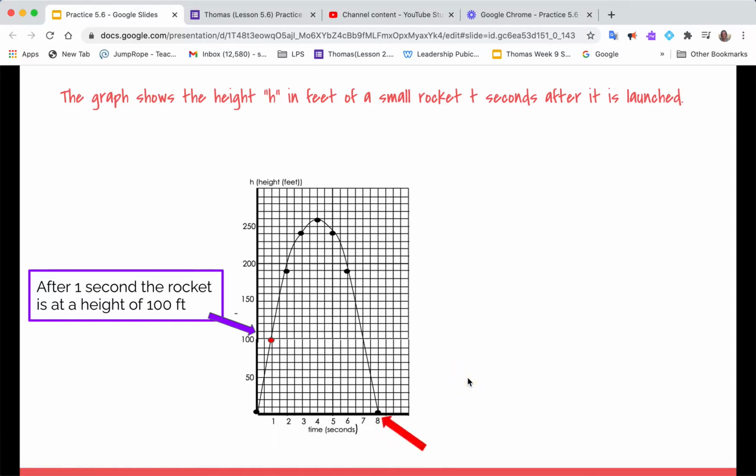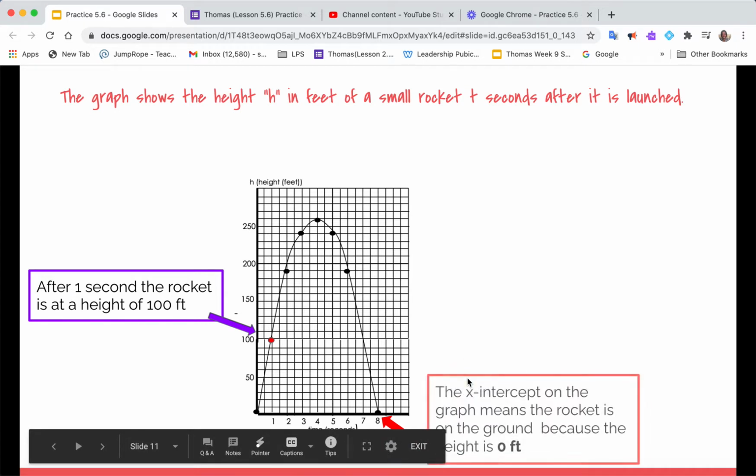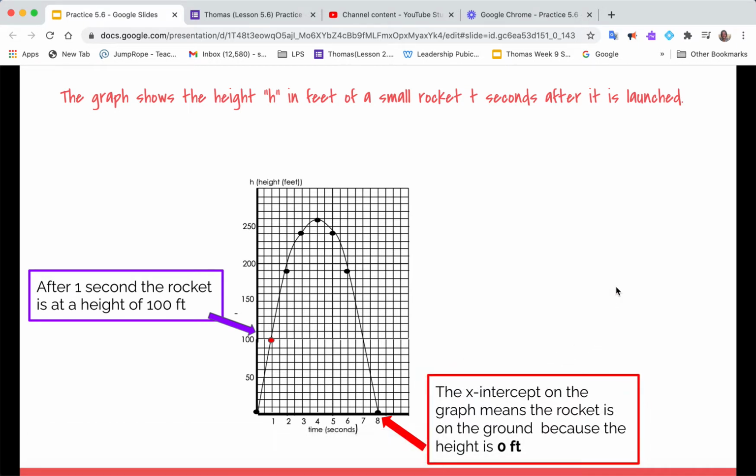And so we're going to focus on after it's launched. The x-intercept on this graph means that the rocket is on the ground because the height is going to be 0 feet. So that is occurring at 8 seconds, or also at 0.